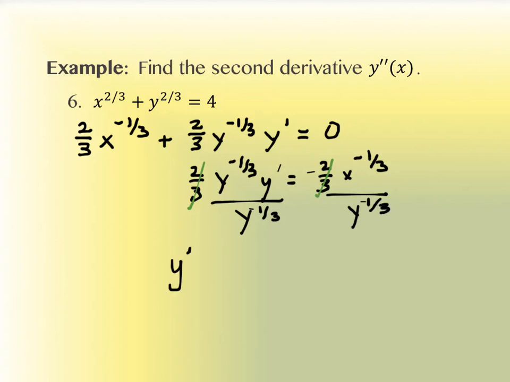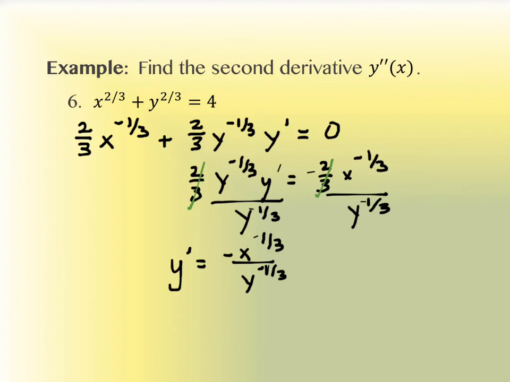All right, so y prime is going to equal negative x to the negative 1/3 over y to the negative 1/3. And while I could work with it like this, and it wouldn't be awful, I also could do one more simplification step that might be friendlier to work with. What could I do? You can't bring out a power, but it is about the powers that we'd like to simplify.